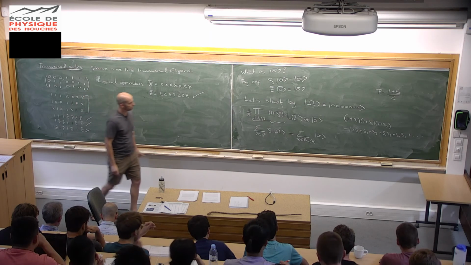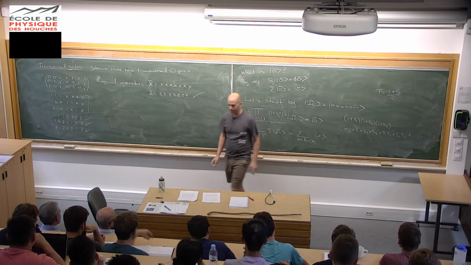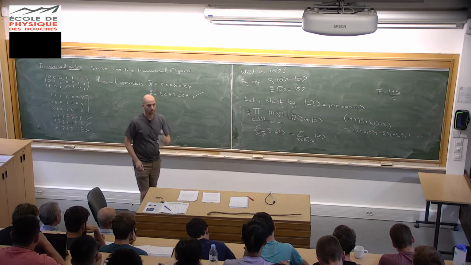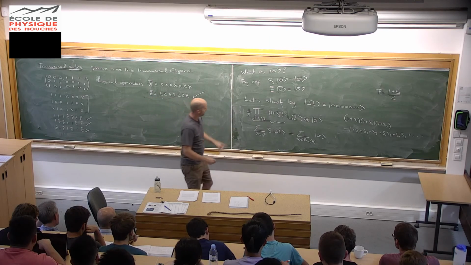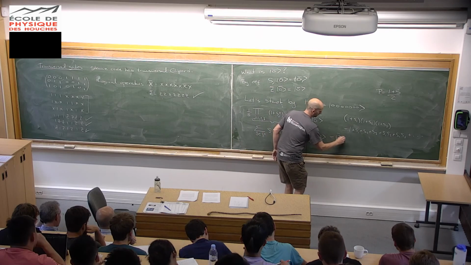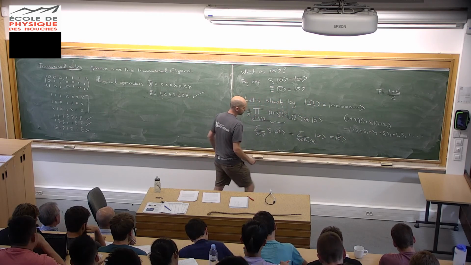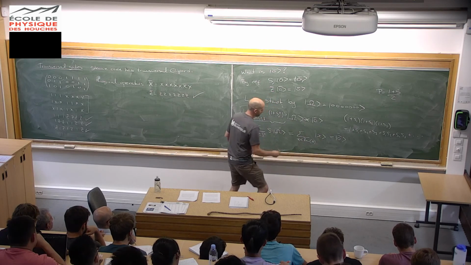This is my logical 0. What's my logical 1? My logical 1 is just the complement of this, right?